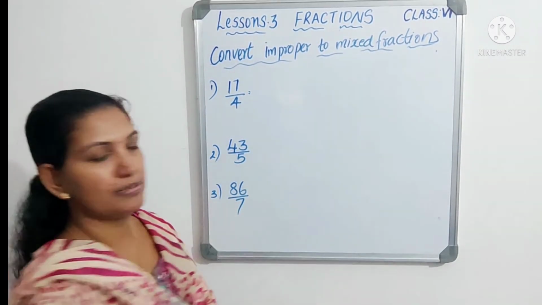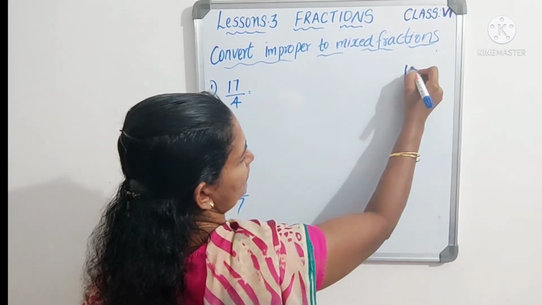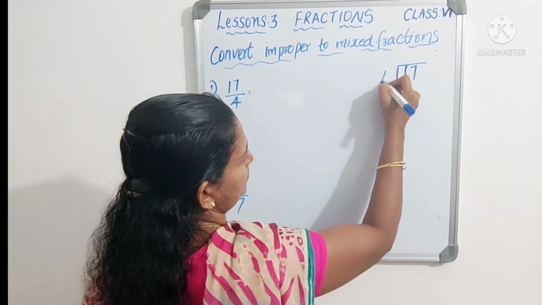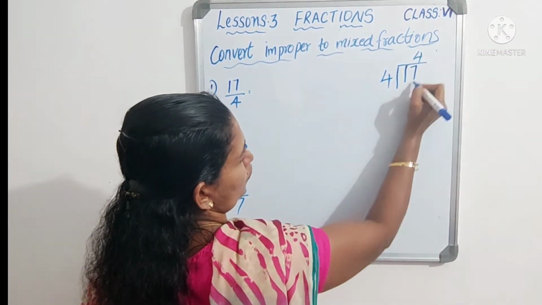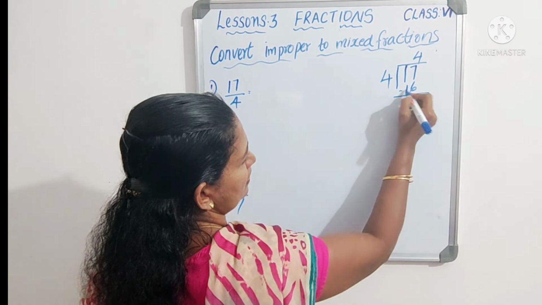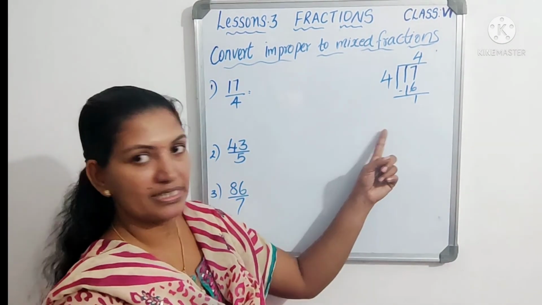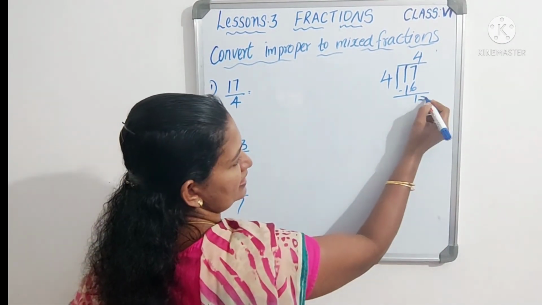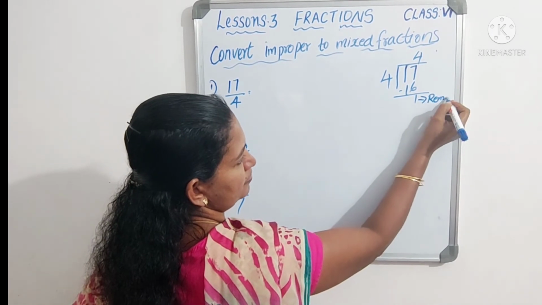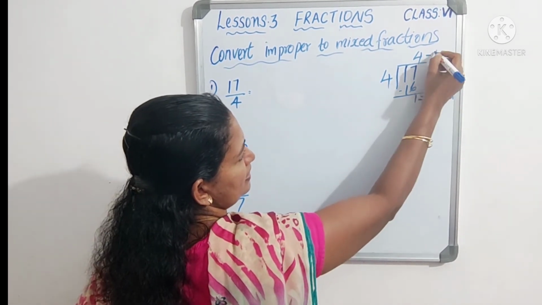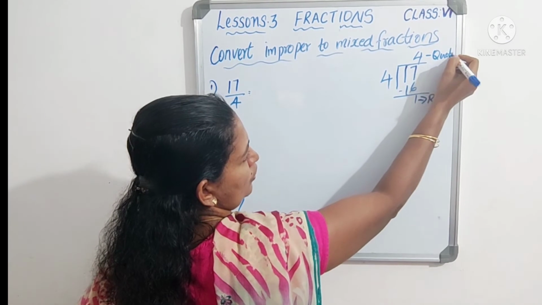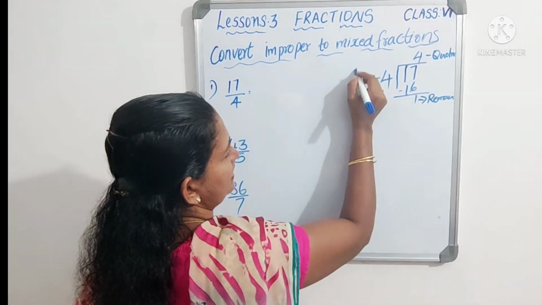First example, 17/4. We divide 17 by 4 first. Then 4 4s are 16, remainder 1. Now we have completed the division. This is the remainder, this is the quotient and this is the divisor.